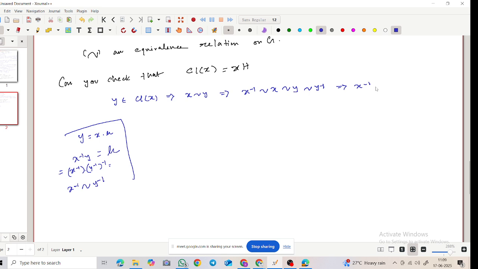That is, x inverse y inverse inverse belongs to H, that is x inverse y belongs to H. So you have x inverse times y equals h for some h, so y equals xh.